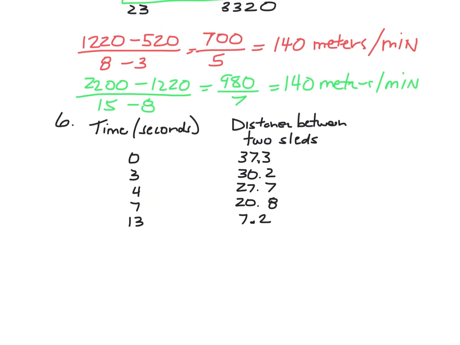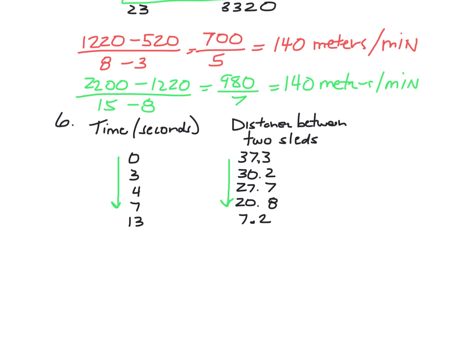Next one, number 6, talks about the time in seconds and the distance between two sleds. You can see as the time is going up, the distance is going down. So we're talking about a negative slope, or negative rate of change.